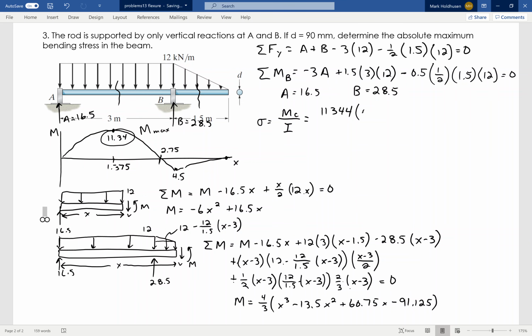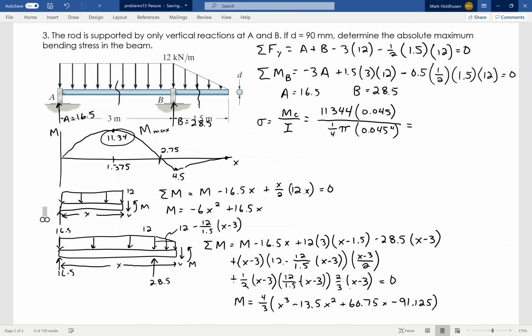The radius then is 45 millimeters. And then I, for a circle, which is what this is, is pi over 4 times 0.045 to the fourth. That's just I about this point. The maximum stress is going to occur at the edge, that's why I use the radius. This is a symmetrical shape, so I is just pi over 4 times the radius to the fourth.